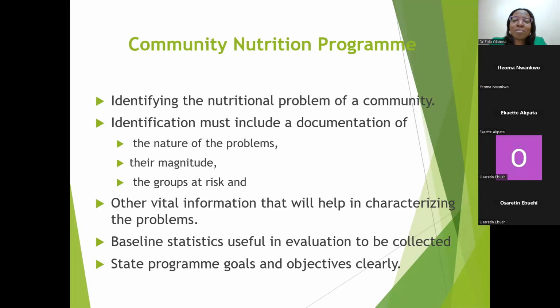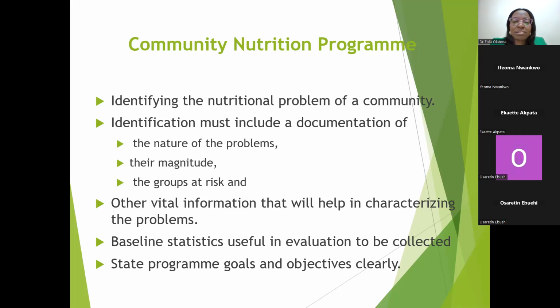So this first bullet is just to say that for you to know the problem somebody or a community has, you have to move close and walk around, ask questions. You can even do focus group interview, in-depth interview to find out things and at the end of the day, you're able to identify the problem.